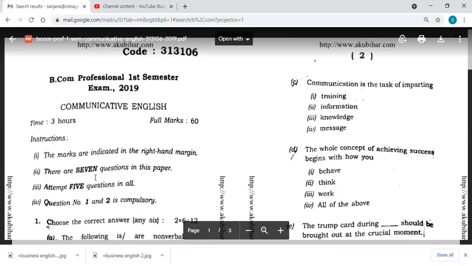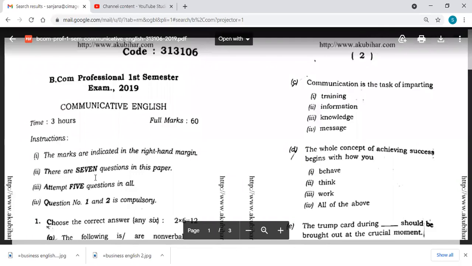Yes, ma'am, but the options are... Think about it. Communication is the task. Information, ma'am. What does it convey? So information is the right answer. Communication is the task of imparting information.